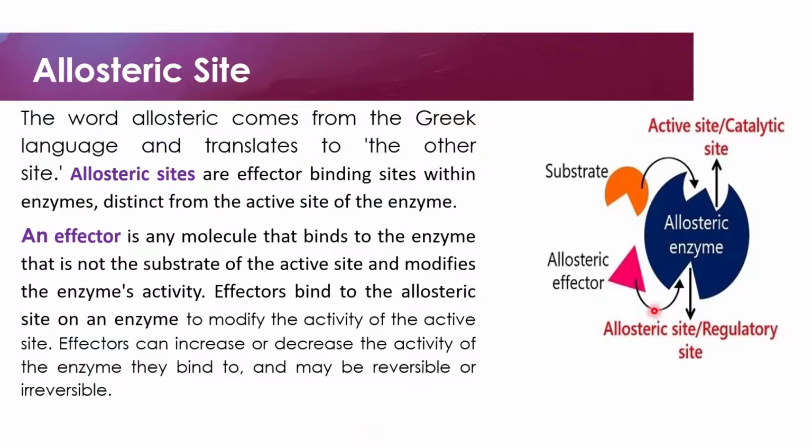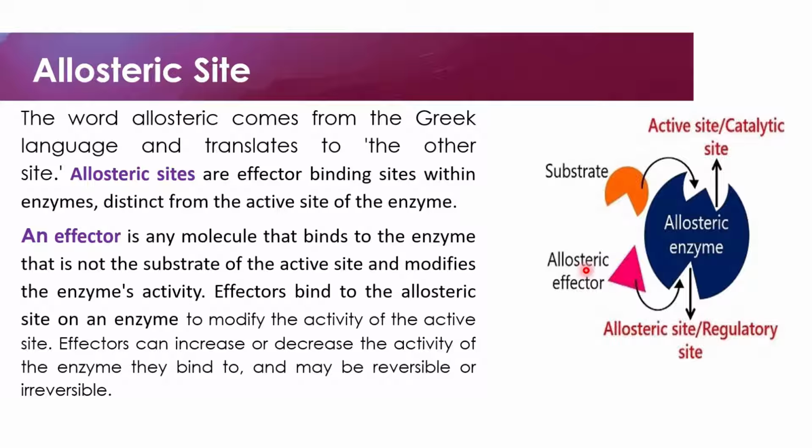Allosteric site. So first of all, let us just study this enzyme over here. This is an enzyme, and this happens to be the allosteric site or the regulatory site of the enzyme, and this is the active site or the catalytic site of the enzyme where the substrate binds to.